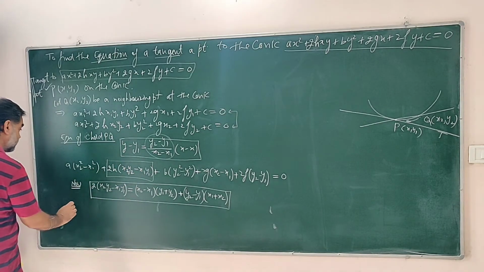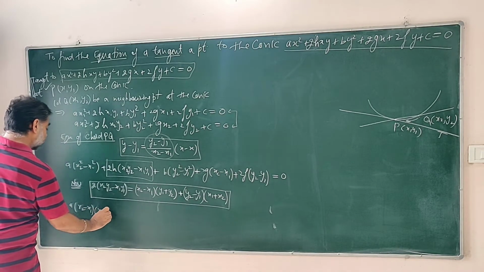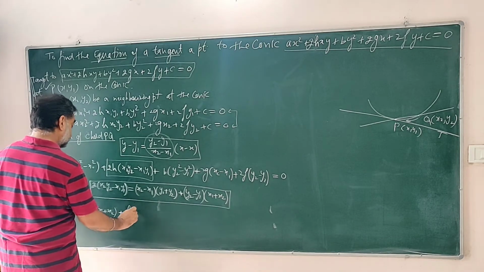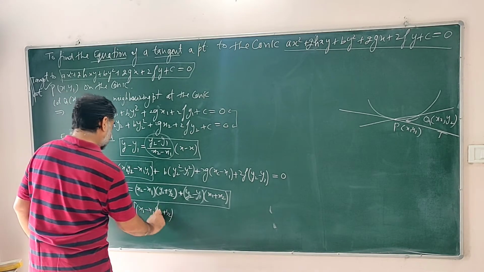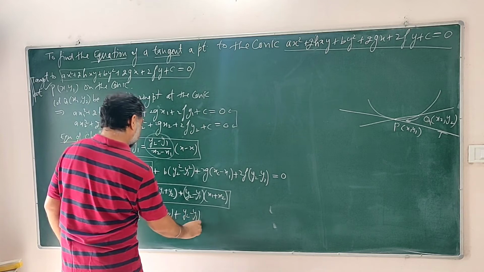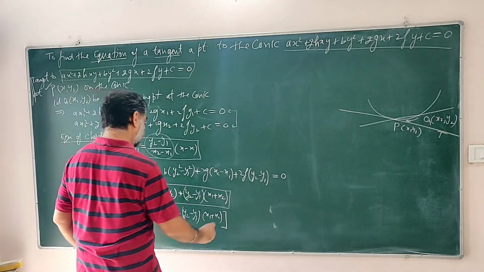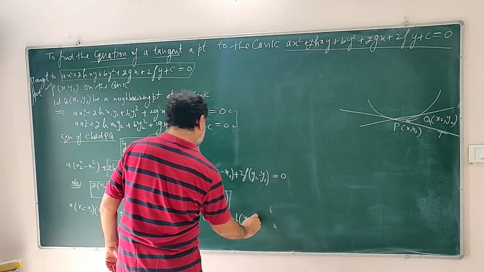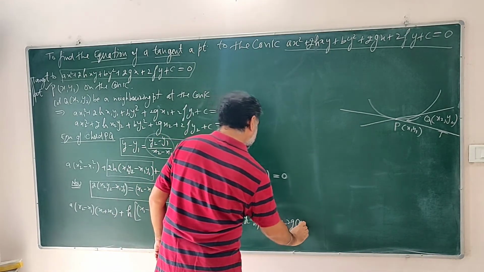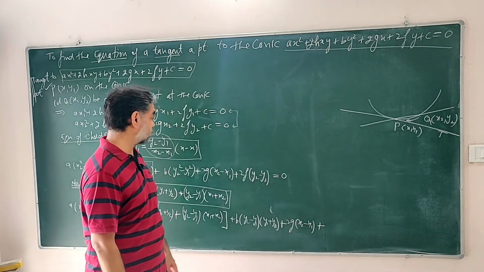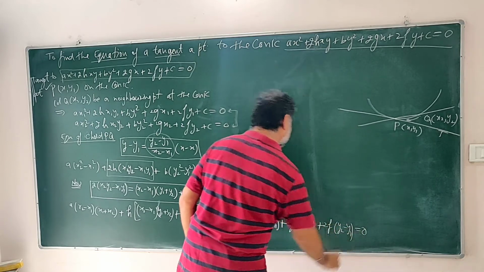So this equation becomes a into x2 minus x1 into x1 plus x2, plus h into x2 minus x1 into y1 plus y2 plus y2 minus y1 into x1 plus x2, plus b into y2 minus y1 into y1 plus y2, plus 2g into x2 minus x1, plus 2f into y2 minus y1, is equal to 0.